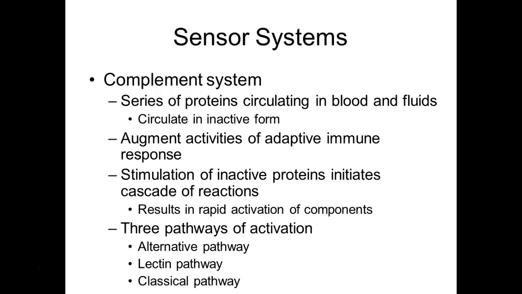They can interact with components of our adaptive immune response. One of the most common products of our adaptive immune response is antibodies, and antibodies can also interact with this system. That's one of the ways this system can be activated. So that's what they mean by augmenting the activities of the adaptive immune response.